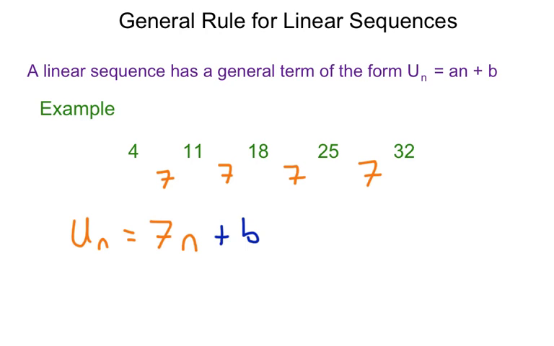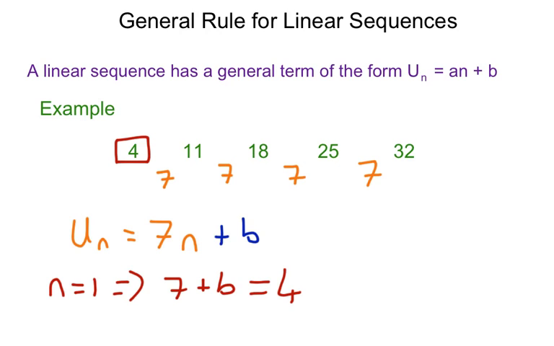So when n is equal to 1, we get 7 plus b, and we know that is equal to 4, and that gives us b is equal to minus 3, which gives us our general rule un is equal to 7n minus 3.